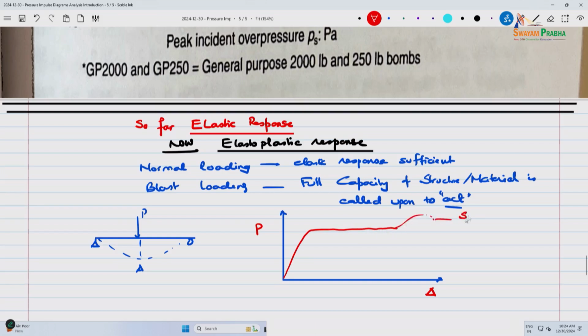So, this would be for a steel structure. So, you're analyzing a steel beam, steel column, other such things. You could have a response something like this. It's quite ductile.